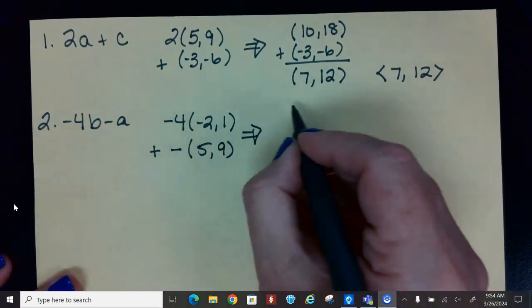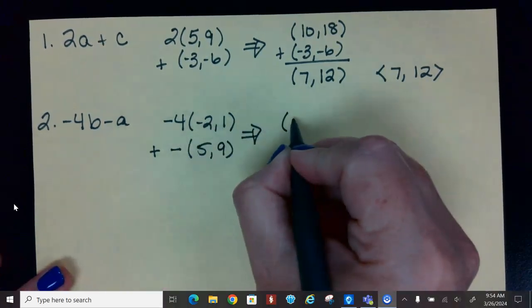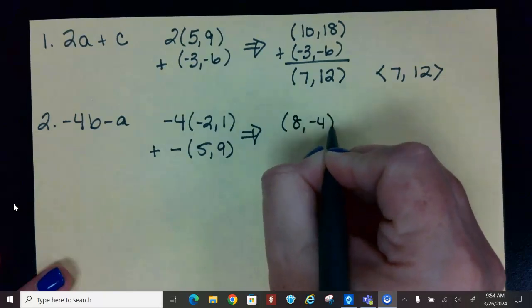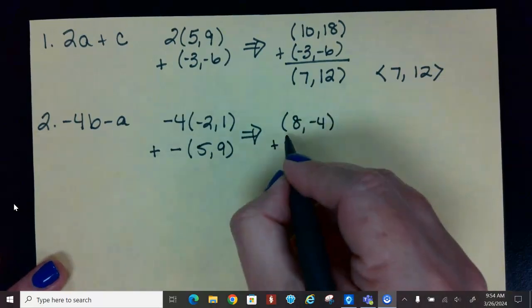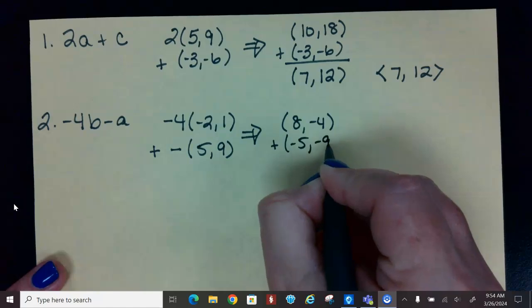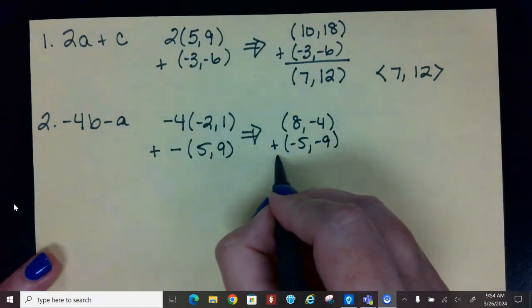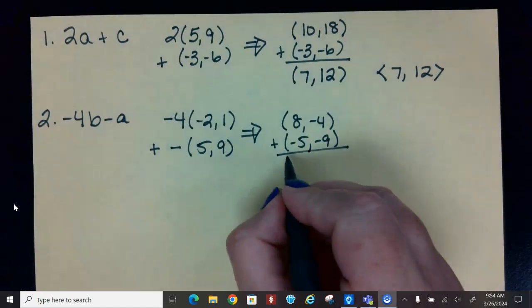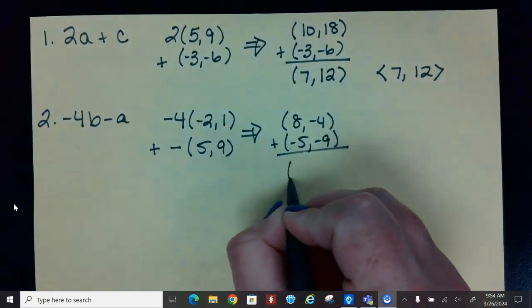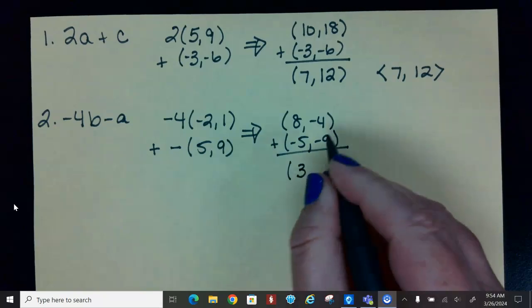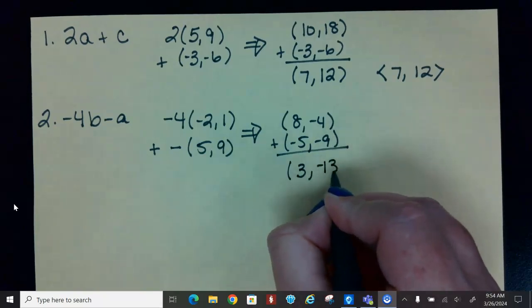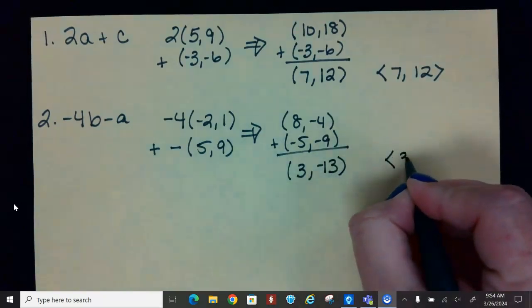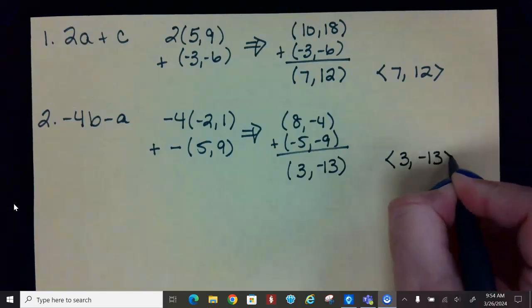So we get 8 and negative 4, and then negative 5, negative 9. Now you can treat this as a subtraction, you know what works best for you. I just tend to drop my negatives, and I know I do. So I believe this is 3 and negative 13. So 3 and negative 13.